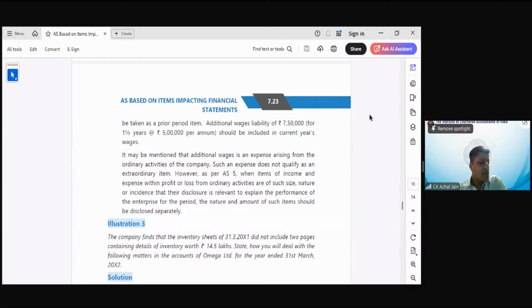How will you deal with this? What should be the accounting treatment? Over to you quickly. What should be the accounting treatment in this case?